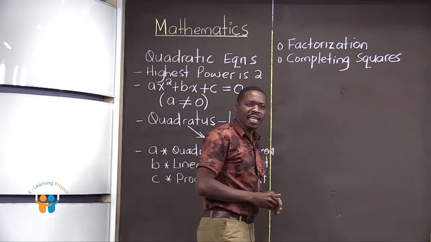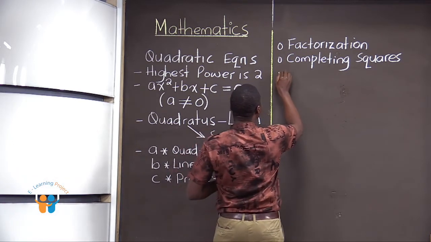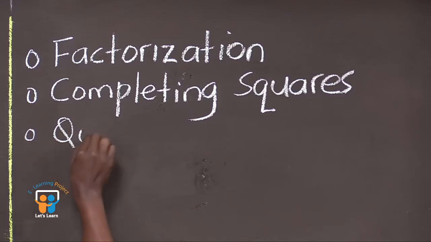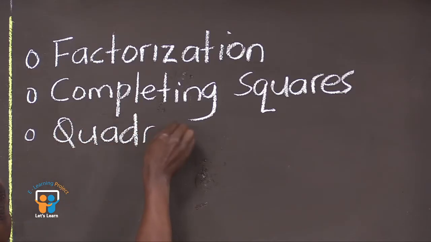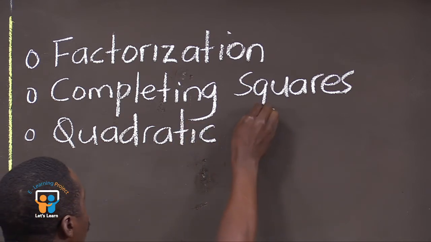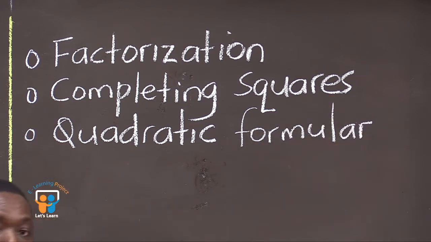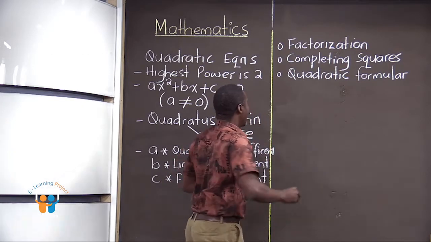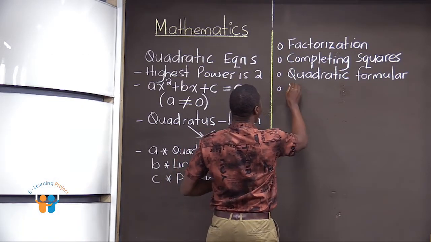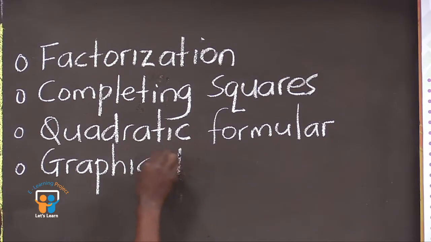Then we have another method known as solution by the formula, or the quadratic formula, what most of you call the bulldozer method. Then method number 4 is the graphical method, by the use of a graph.